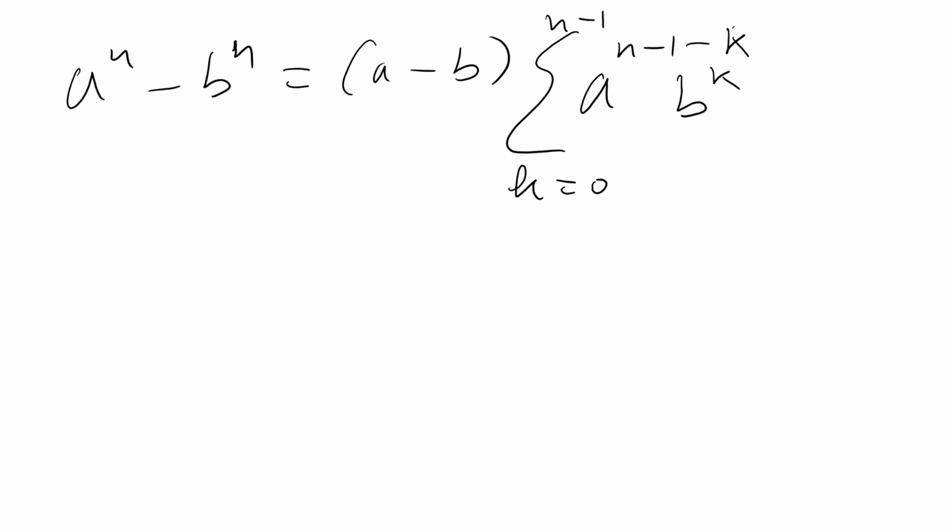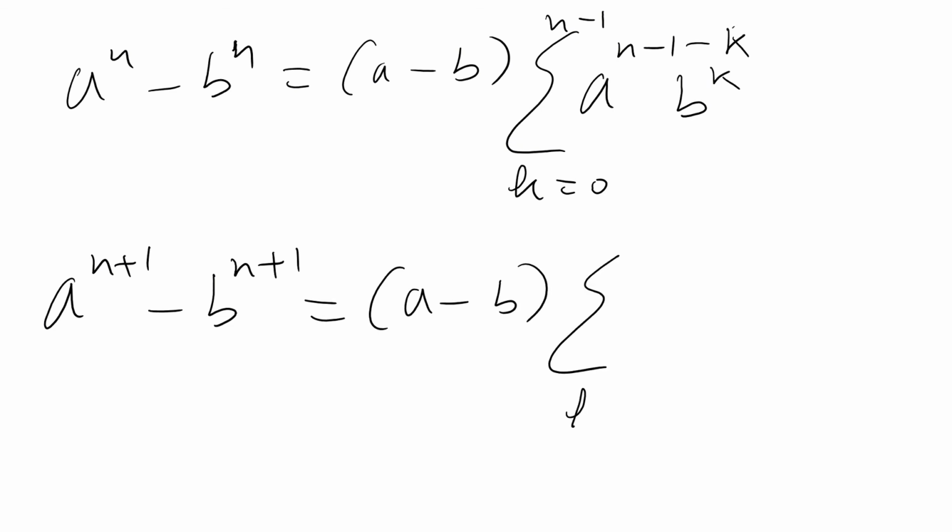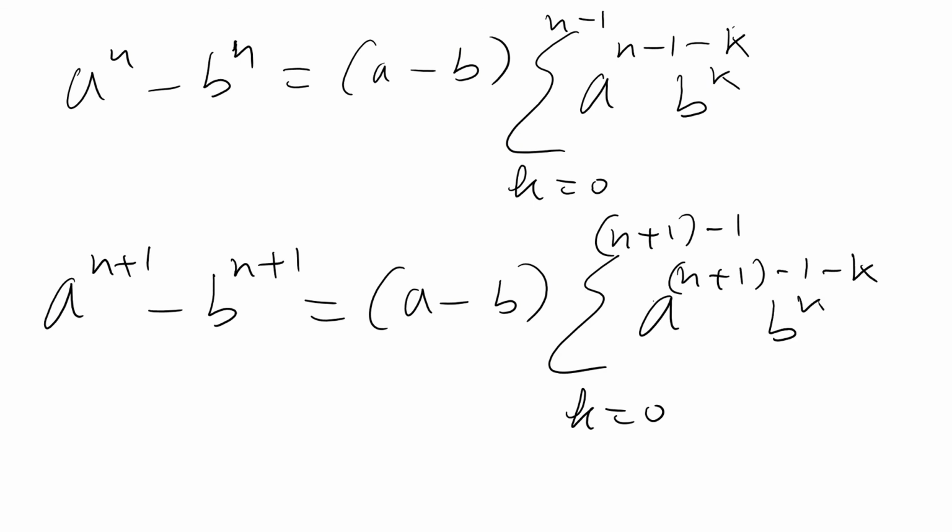So what you can do is, using mathematical induction, you are going to show that that expression is true at the base case, then show that it's also true at n+1. So for n+1, you have to prove a^(n+1) minus b^(n+1) equal to (a minus b) times the summation of k equal to 0 up to (n+1) minus 1 of a^((n+1)-1-k) times b^k, right?